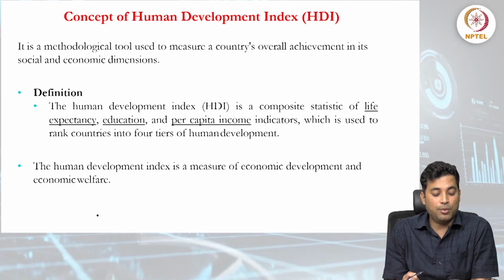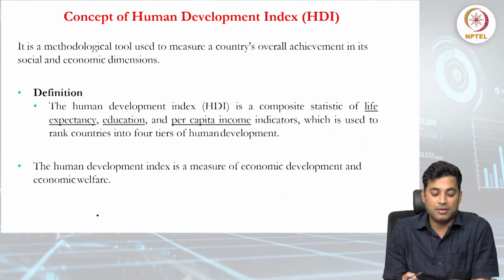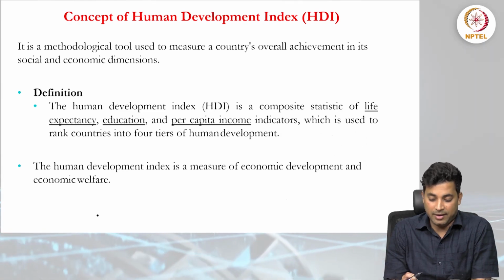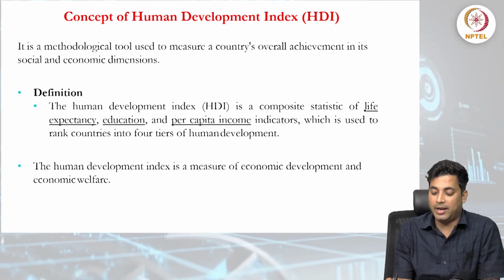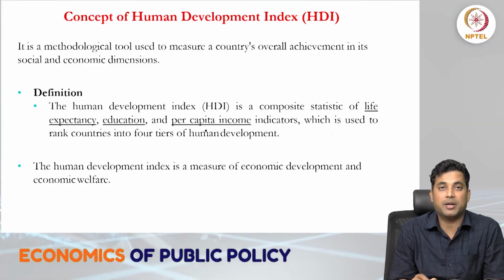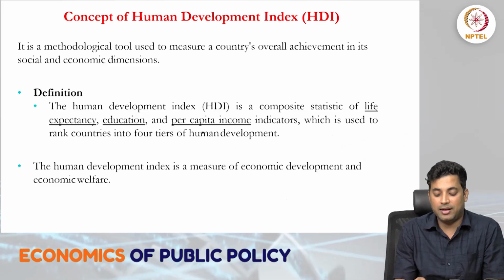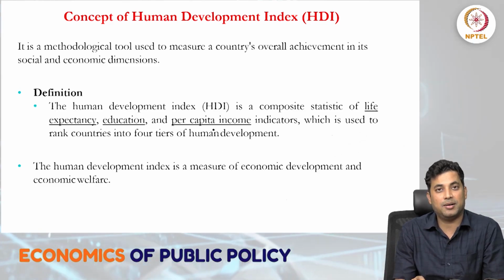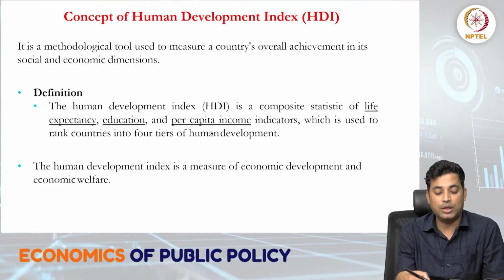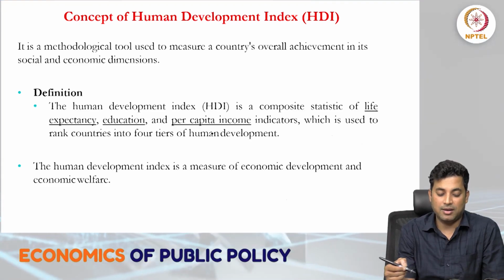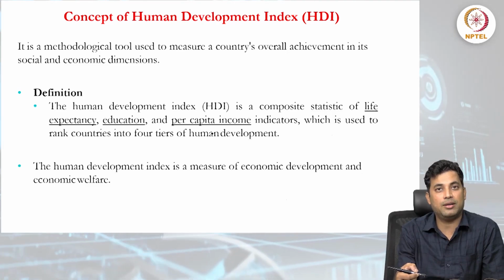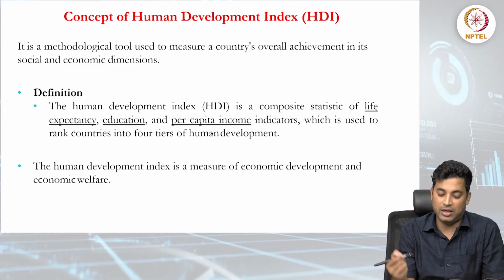By definition, HDI is a composite statistic or index of three broad indicators: life expectancy, education, and per capita income. You can see it deviates from poverty measures, which only consider income, as this also includes other important factors like life expectancy and education, more generally health indicators and education.